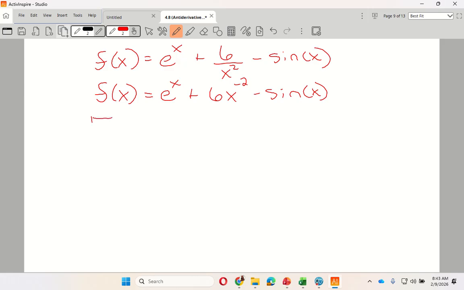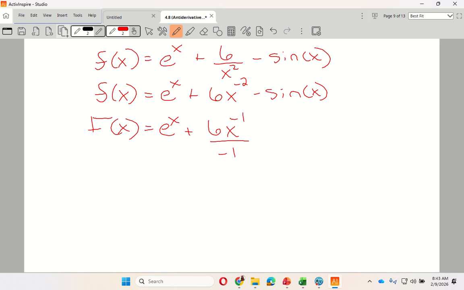Now, same steps apply. It will be x to the negative 1, right? Because right now it's negative 2 and I'm adding 1, so it's negative 1. And then divide that by what? By negative 1.